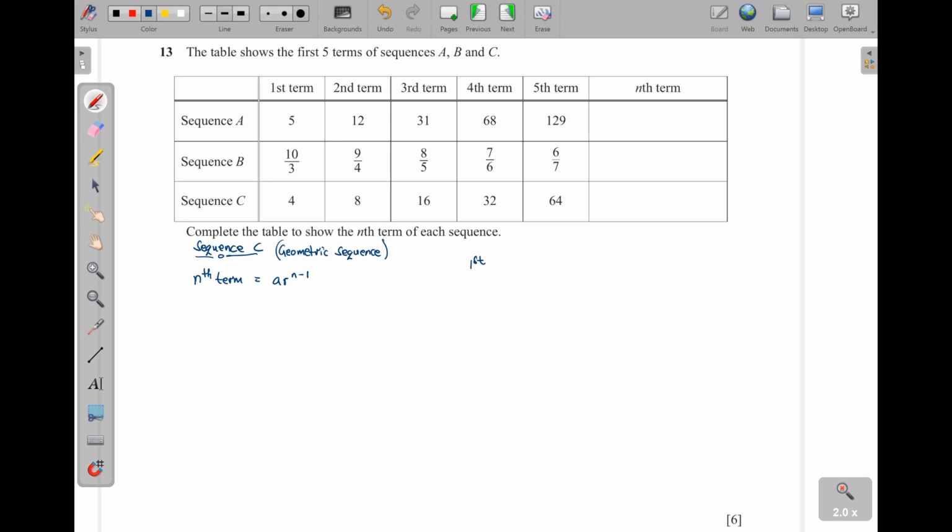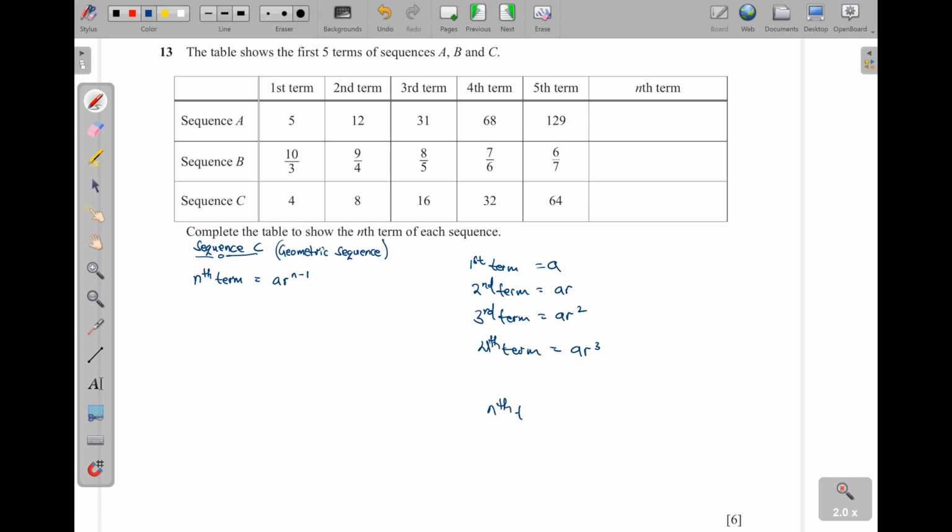Because if the first term is a, then the second term is equivalent to ar, because I'm multiplying with the common ratio. The common ratio is the r. Then the third term, I get the second one times r, so it will be ar squared. Then the fourth term will be ar squared, then times r, which is ar cubed.